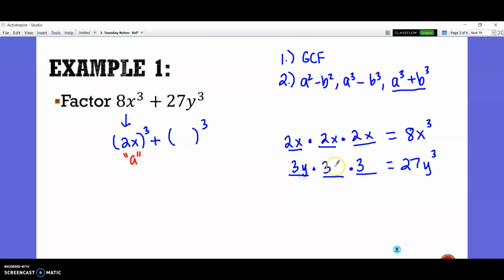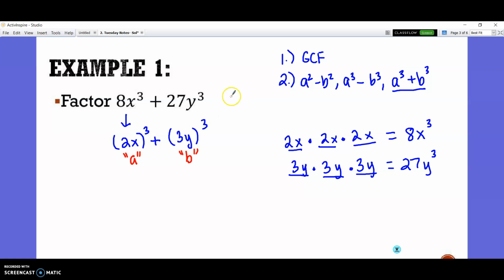And then I need a y as well, because y times y times y is y cubed. So that means my b is 3y. So first you got to figure out what exactly is being cubed, because 8 is not a and 27 is not b. 2x is a and 3y is b.